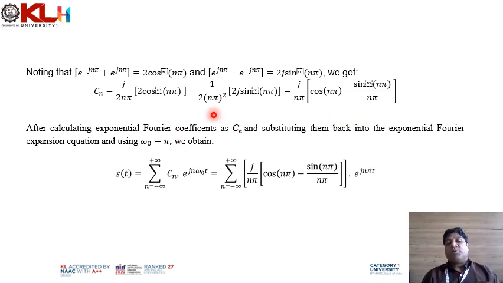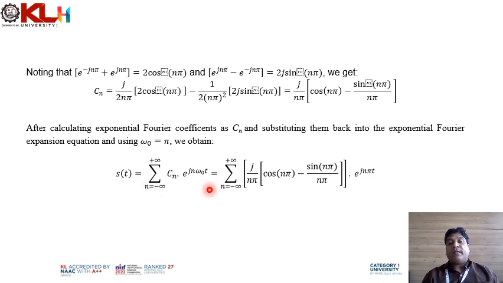Now we are going to substitute this value of the Fourier series coefficient c_n into the Fourier expansion, or the synthesis equation, while using ω0 = π. So we can write the signal x(t) as summation n equal to minus infinity to infinity c_n e^(jnω0t). Here we will substitute ω0 as π, and the c_n value is already calculated.